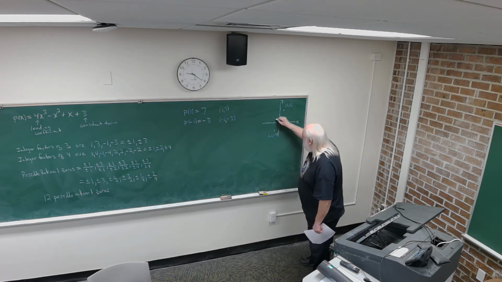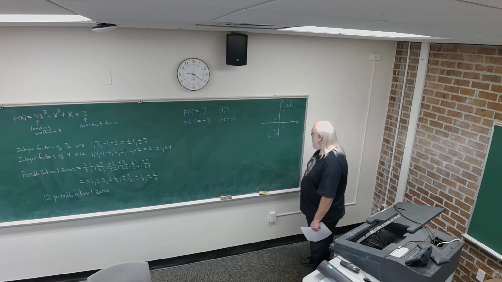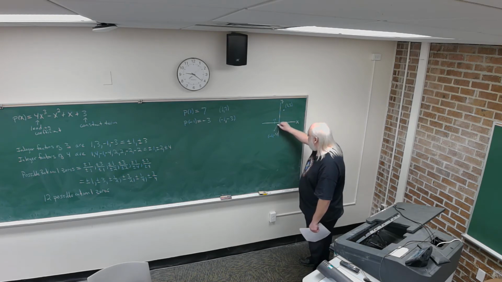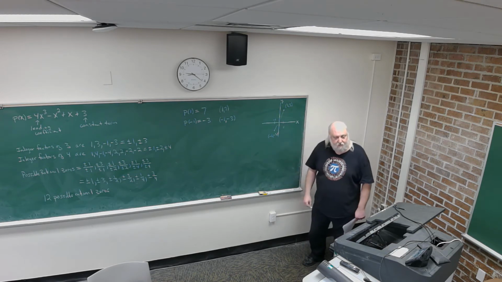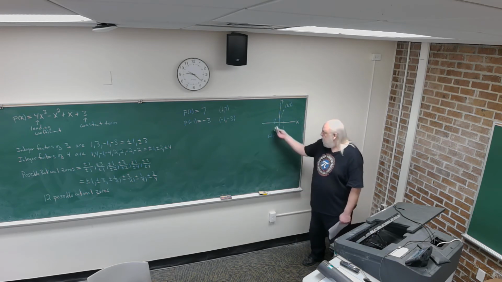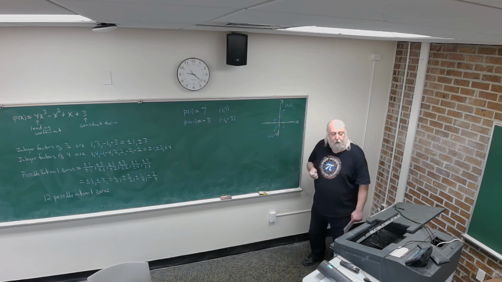So here's -1 on the x-axis, here's +1 on the x-axis, and somewhere between -1 and +1, the graph of the polynomial function has to cross the x-axis. And where it crosses the x-axis, that is a 0 of the polynomial function. So by deductive reasoning, we can conclude there must be a 0 between -1 and 1.